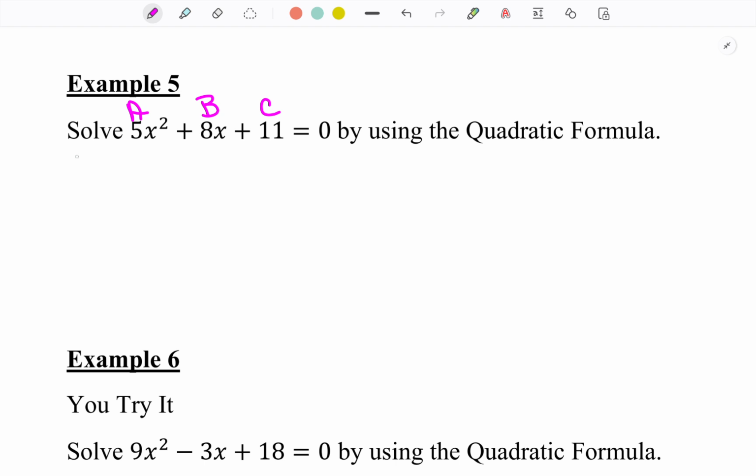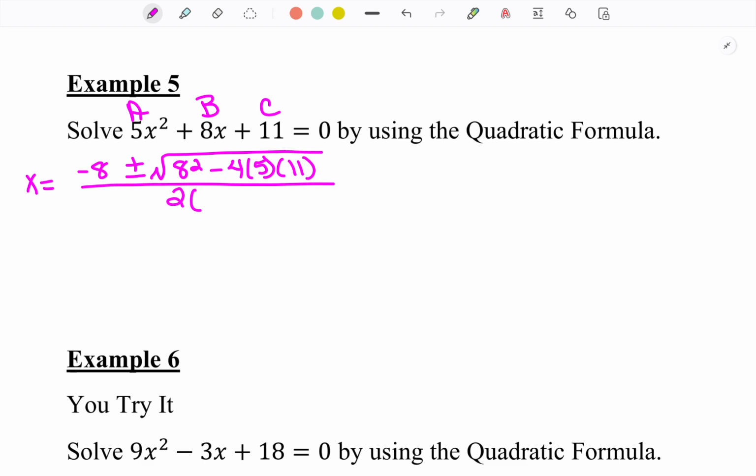So we have -8 plus or minus the square root of 8 squared minus 4 times 5 times 11 all over 2 times 5.